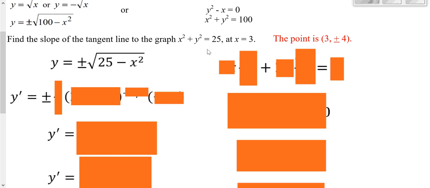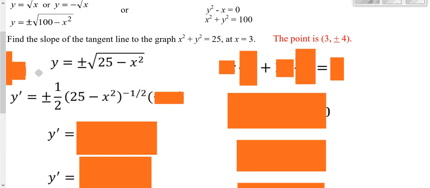So if you go ahead and solve this equation for y, you would get the explicit form right here. Remember, your square root is really the 1/2 power. So if we're looking for the slope of a tangent line, you know that that's the derivative. So we put the exponent of 1/2 in front, decrease our exponent by 1, 1/2 minus 1 is this.